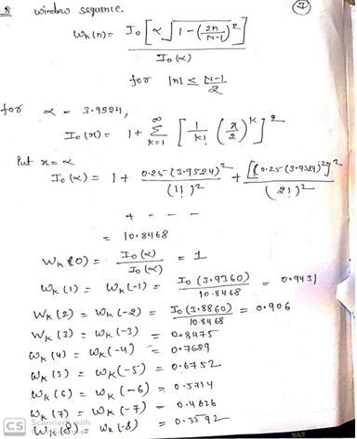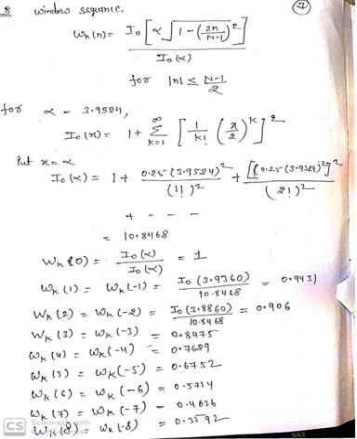Now the window sequence. So the Kaiser window function is here. This is the window function as we have discussed. For alpha equals 3.9524, we calculated I0(x) equals 1 plus the sum for k equals 1 to infinity of (1 upon factorial k)(x upon 2)^k whole squared.